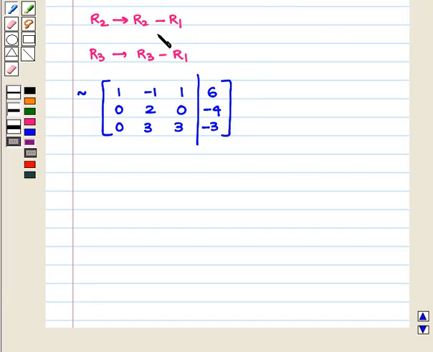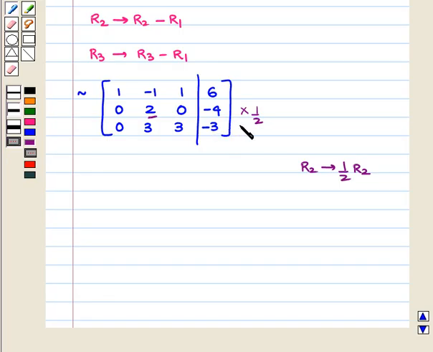Now we come to row 2. In row 2, 2 is common in all entries, so we multiply row 2 by 1 by 2 to make the leading entry 1. So we take row 2 as 1 by 2 row 2. Similarly, in row 3, we have 3 common in all entries.